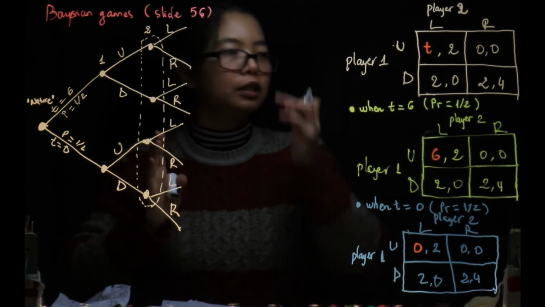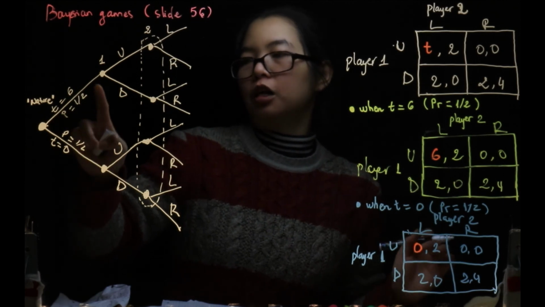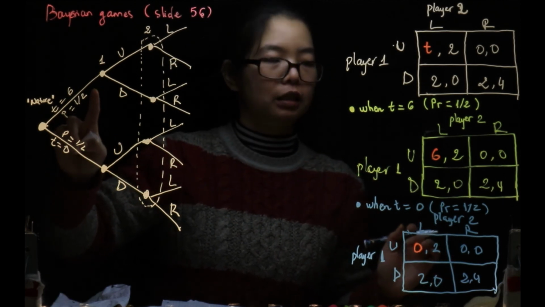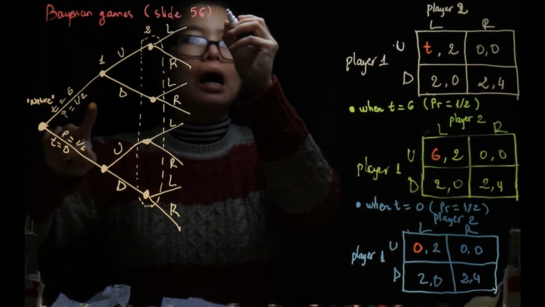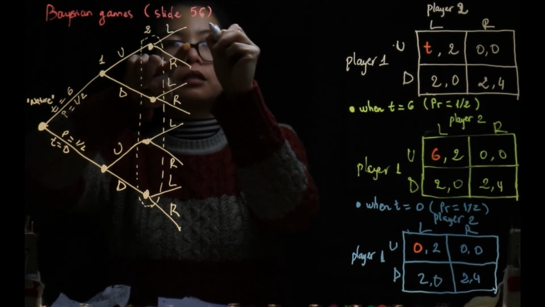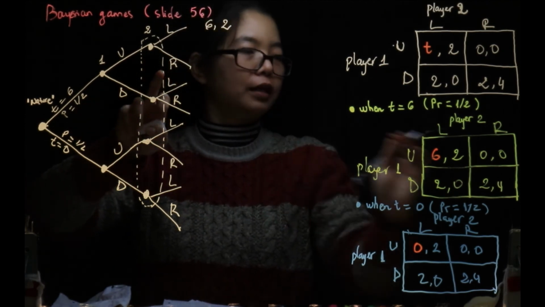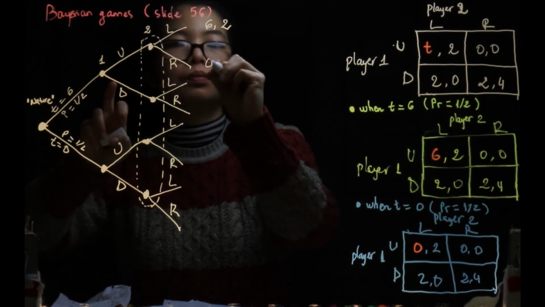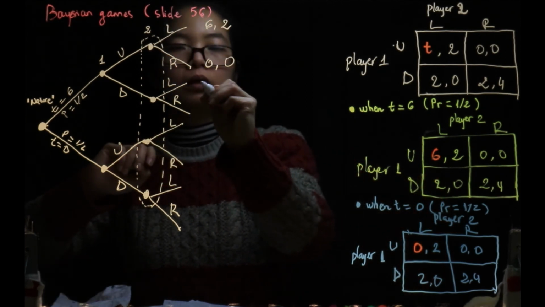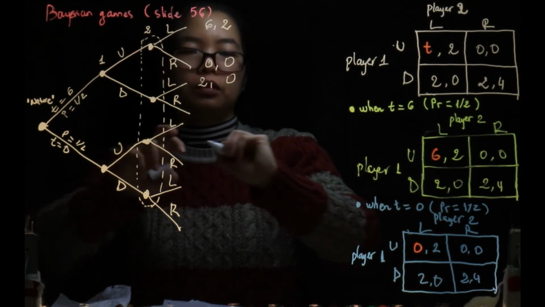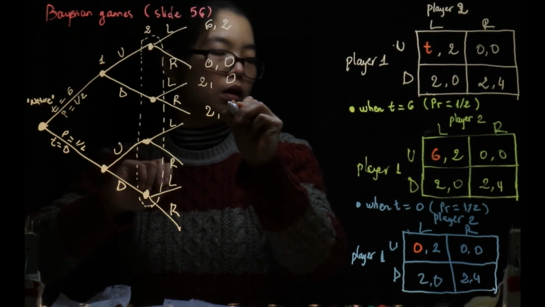Okay, now we will fill in the payoff in each case. The first main branch of the decision tree here is for the case where T equals 6. So we focus on this first matrix. Up, left, 6, 2. Up, right, 0, 0. Then down, left, 2, 0. Down, right, 2, 4.